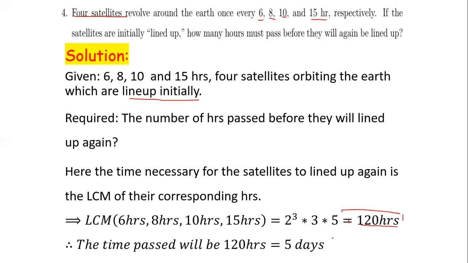You know that 120 hours is 5 days. Therefore, these 4 satellites become lined up for a second time, or simply to become lined up they need 5 days or 120 hours.